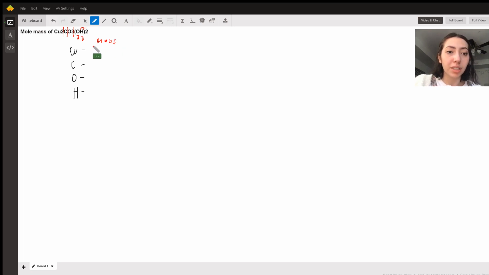According to the periodic table, copper is 63.55. Carbon is 12.01.